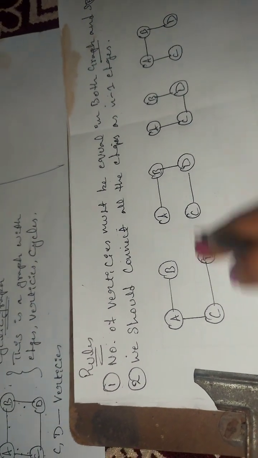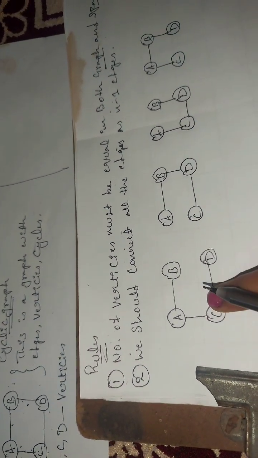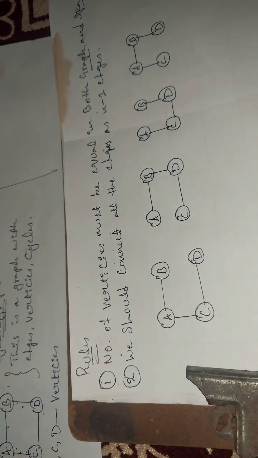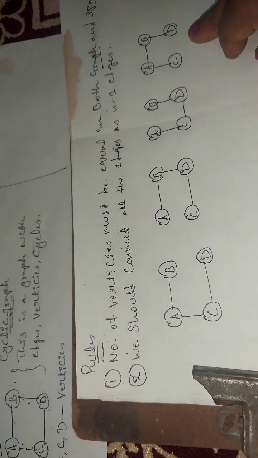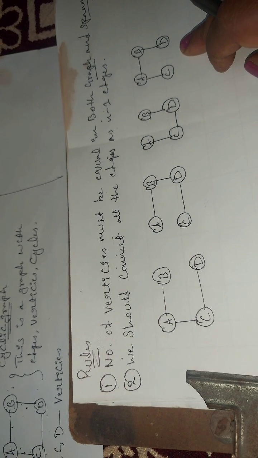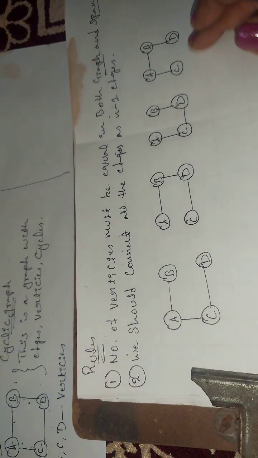This is another one. Here 4 possible ways are created as minimum spanning trees.